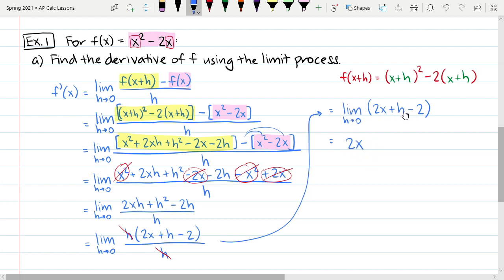The limit of h as h approaches 0 becomes 0, because that one we are substituting. And then the limit of negative 2 as h approaches 0 is still minus 2. And finally we get 2x minus 2. And that right there is the derivative of x squared minus 2x. This is the function that we would be able to use to find the slope at any value of x.